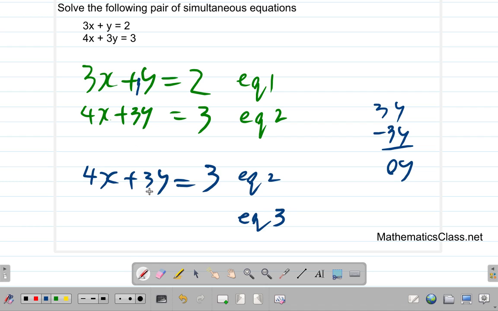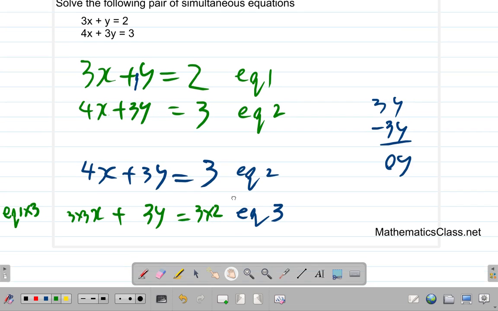Alright, how are we going to get that new equation? Suppose we say equation 1 multiplied by 3. 3 times 1y gives you 3y. You see that? Alright. 3 times 3x plus 3 times 1y equals 3 times 2.